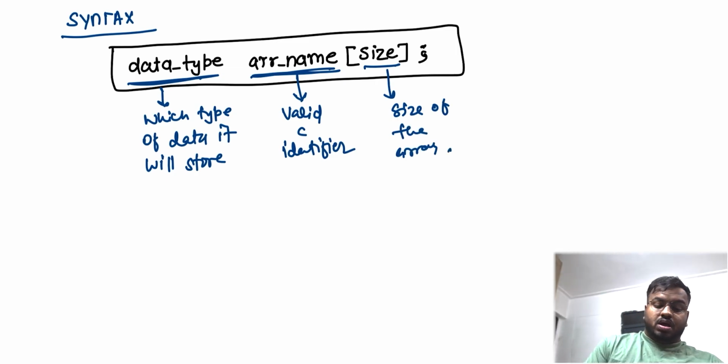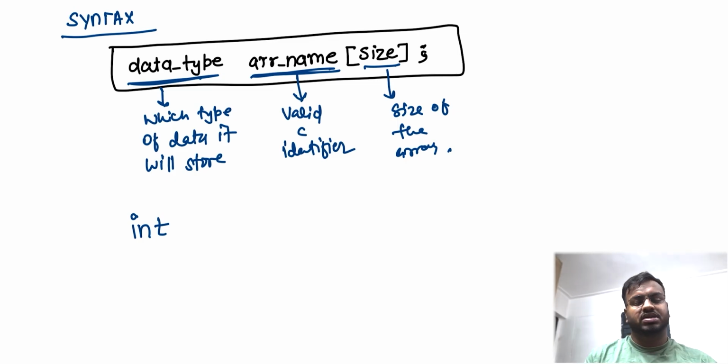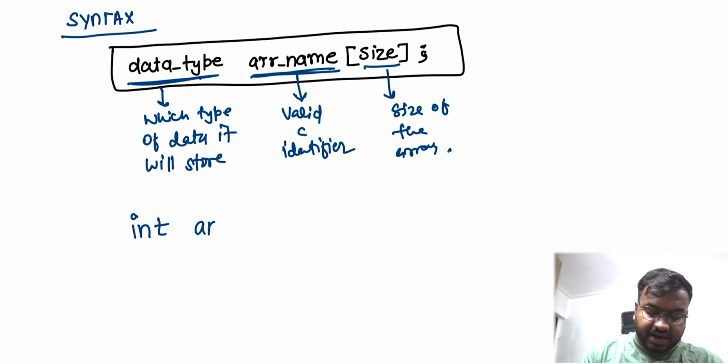Now what we wanted to do, we wanted to store the marks of 100 students. So let's create an array to store the marks of 100 students. How will I store it? First I will write int. Why? Because generally marks are of integer type, so we are creating an array to store the marks which are of integer type. Then I will write the array name.